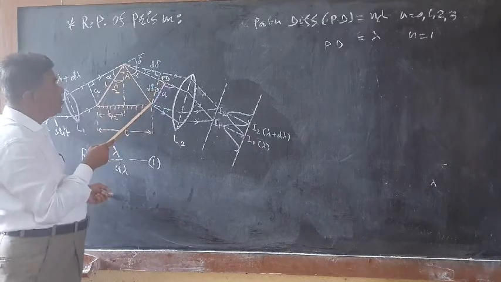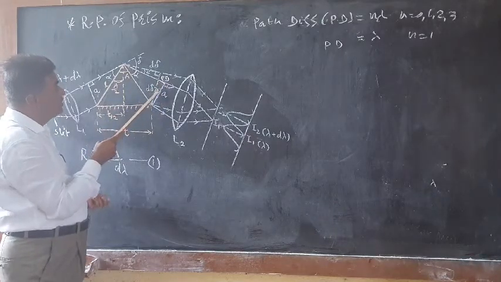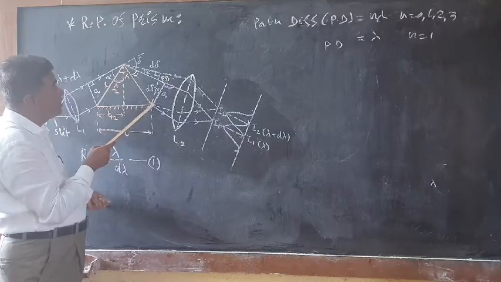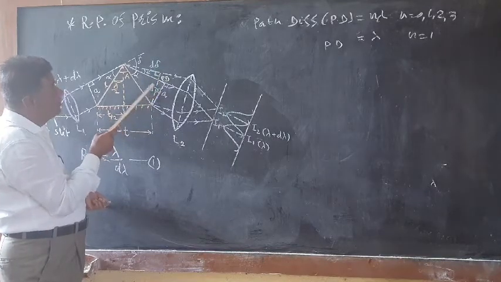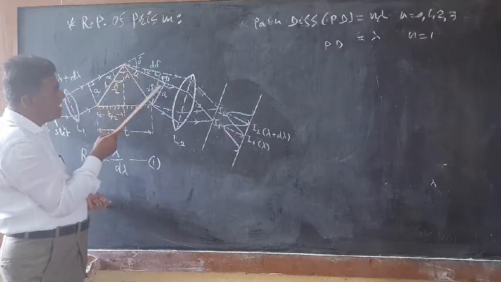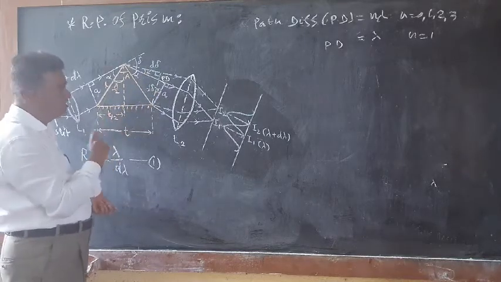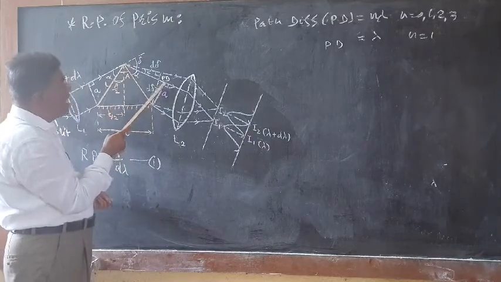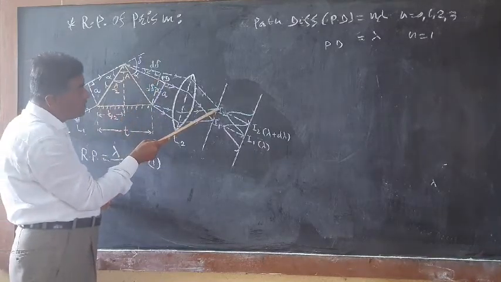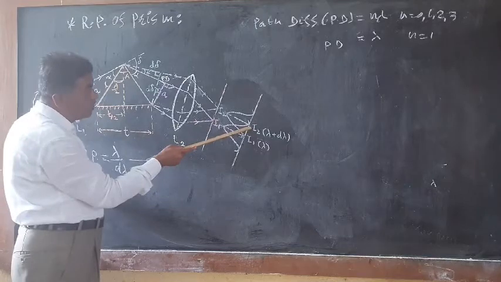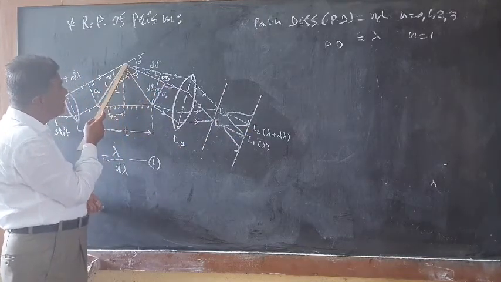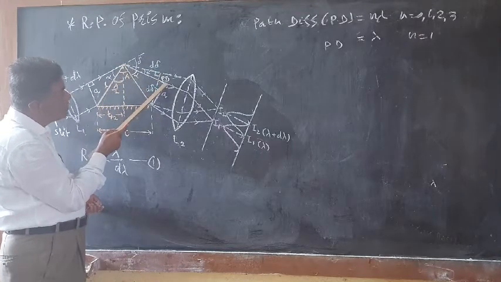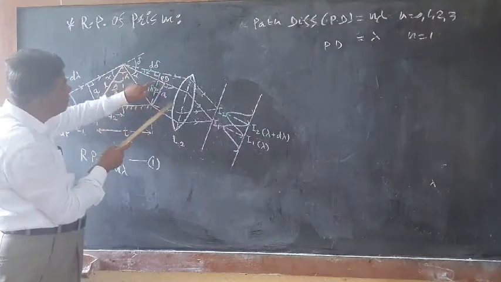Now draw the normal to this ray as well as the normal to this ray, to determine the path difference. So here we get the angle d delta, and this d delta is the same. The distance from I1 to I2 is equivalent to this, because the upper ray travels this much distance and the lower ray travels up to this, so there is a path difference from this to this.